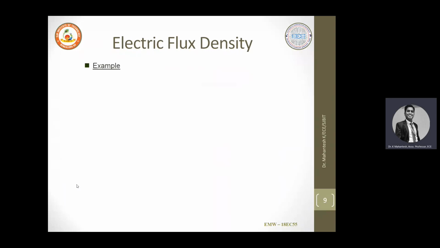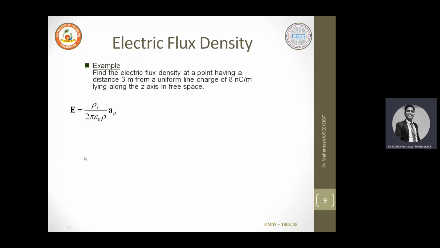Let us now solve a simple problem: finding the electric flux density at a point at a distance of 3 meters from a uniform line charge of 8 nanocoulomb per meter lying along the z-axis in free space. The electric field intensity is given by rho L by 2 pi epsilon naught rho, a rho, where rho is the radius.